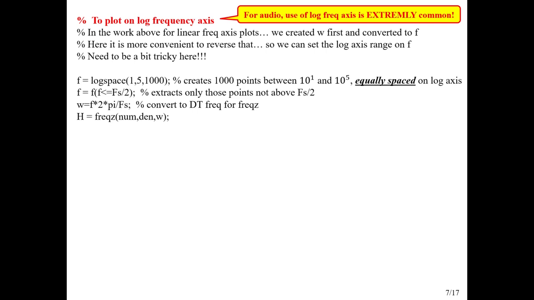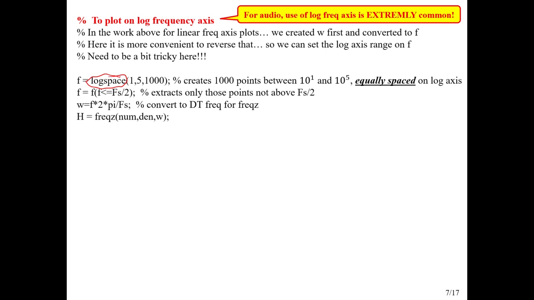They have to go between 0 and Fs over 2, but I'm going to use the logspace command so that I get nice equally spaced points on my log frequency axis. This is different from using the FFT command, where you might get some extra wide spacing at low frequencies and some ultra narrow spacing at high frequencies.